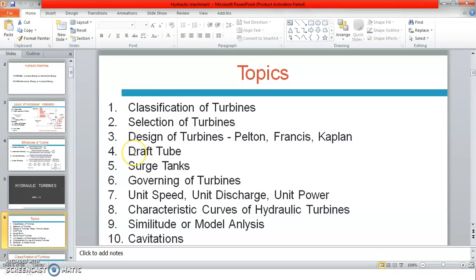Then the fourth one is draft tube, surge tank, governing of turbines, unit speed, unit discharge, unit power, and these three you can read out. That is characteristic curves of hydraulic turbines, similitude or model analysis. This we are not having in detail actually. And the last one is cavitation.